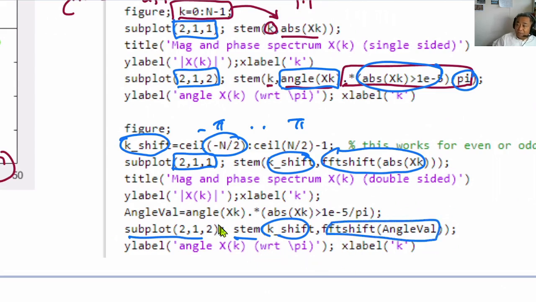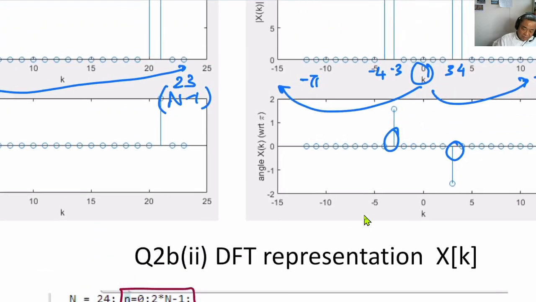Again, the angle value is the original angle value of xk, and I only want it to show for absolute xk greater than a very small value. If you don't do this, you'll see a lot of numbers coming out that are actually due to numerical precision. And divide by pi so that the vertical axis is easy to read.